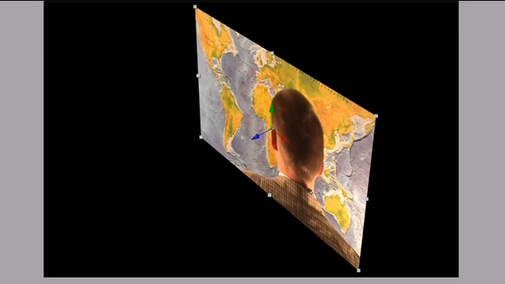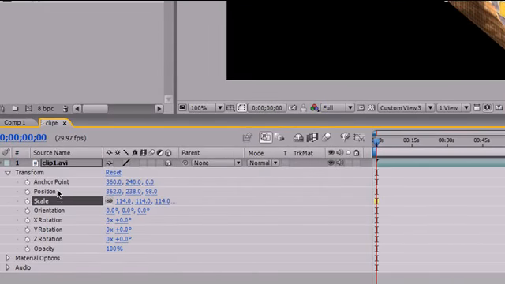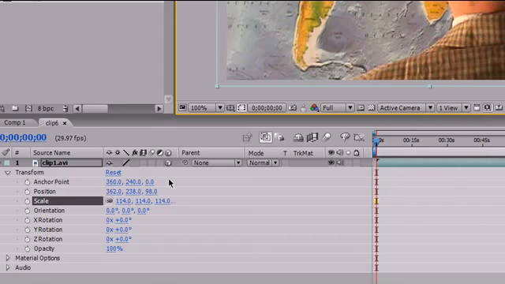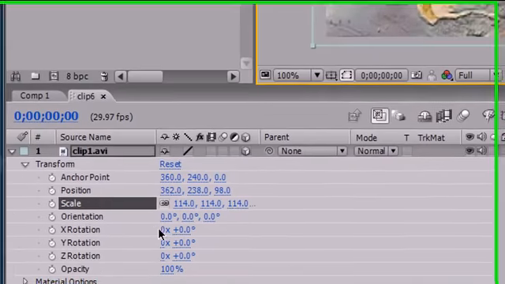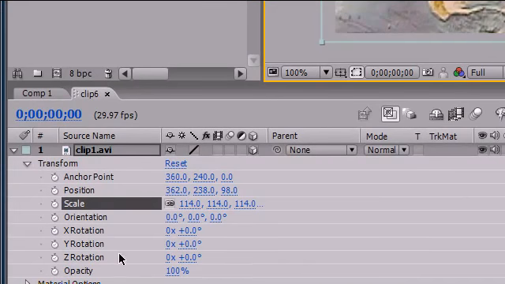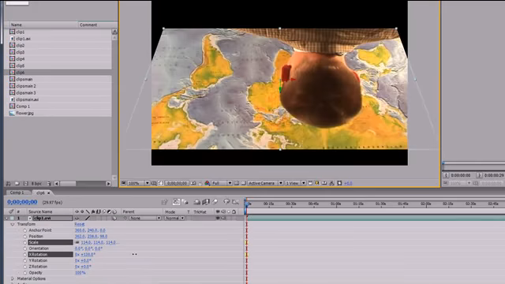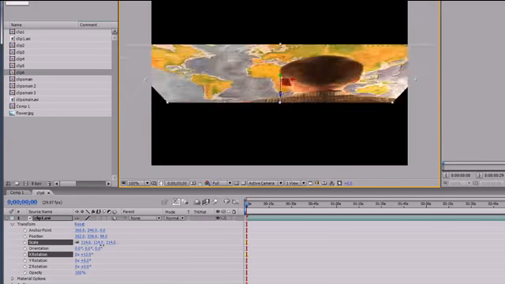So another thing that I want to talk to you guys about, aside from position and scale, is also rotation. So let's go ahead and change the active camera, or you can change it to the front, it doesn't matter. And aside from X and Y rotation, you also have a Z rotation. Now what X rotation does when you scrub this value is rotate it over the X axis.